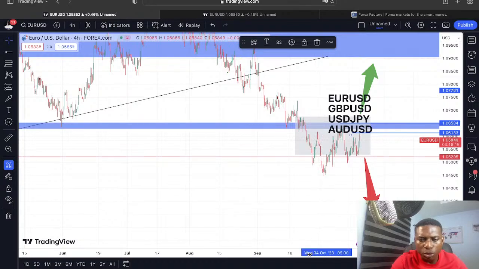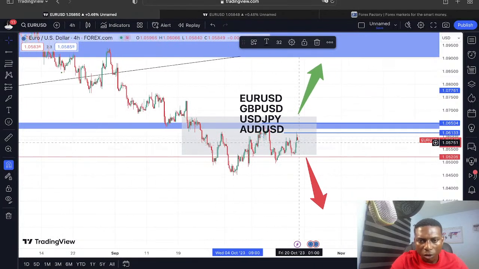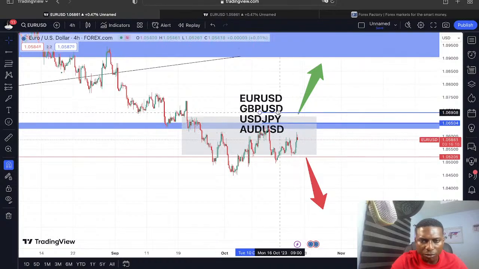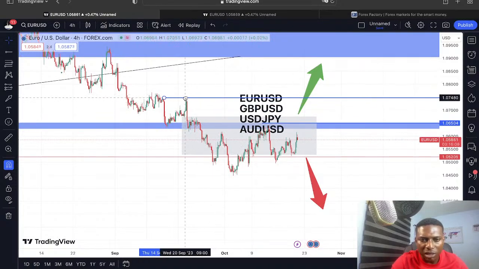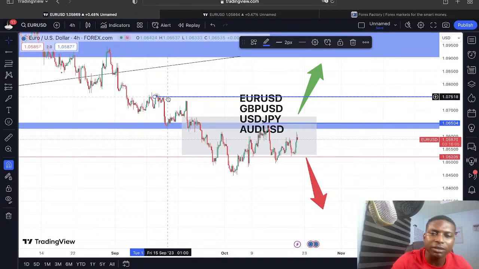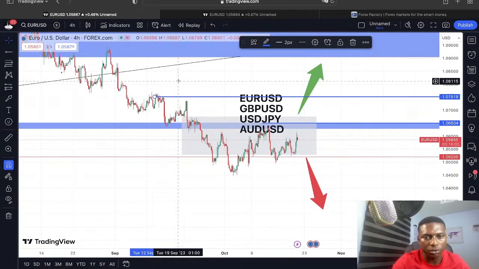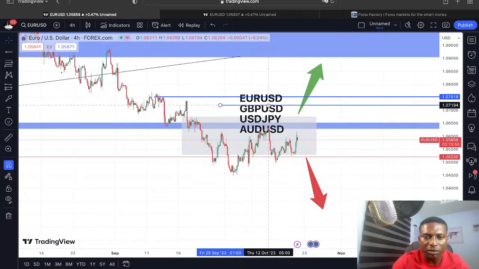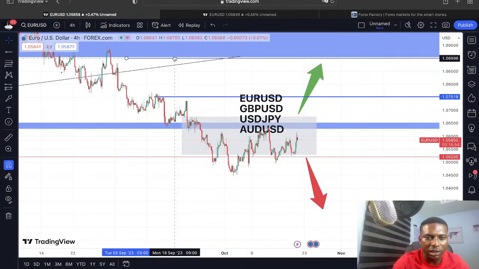If it is going to break out of this level, it will most likely come to touch this level, because this level is now the next resistance zone. After this level here is this other level here.